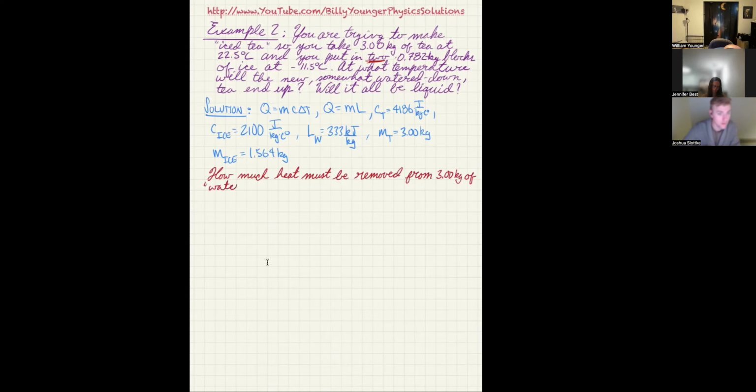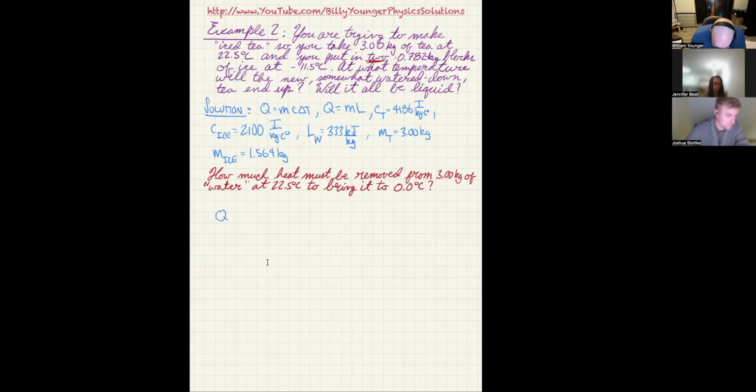I put that in quotation marks, just reminding us that we're treating it like water, but it's not water. So to remove from 3.00 kilograms of water at 22.5 degrees Celsius to bring it to 0.0 degrees Celsius. So that's the first question we're going to try to answer.